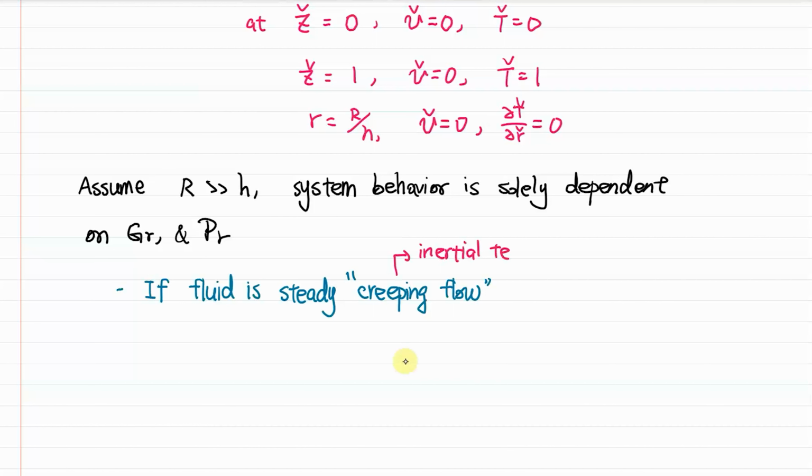Inertial terms are going to be negligible if the Reynolds number is much smaller than 1. And if that's the case, the substantial derivative term here is going to be 0.